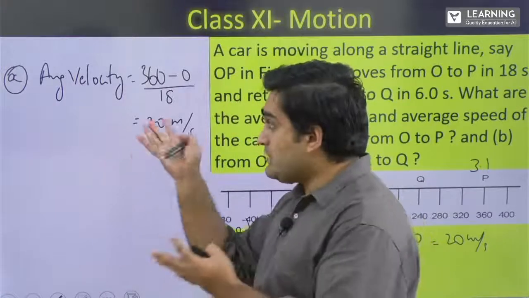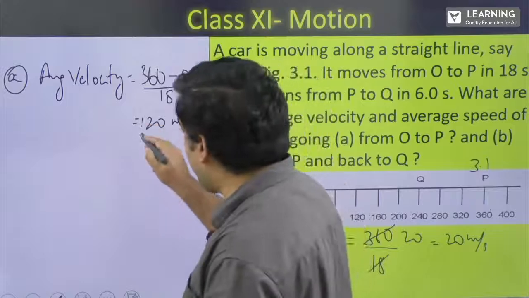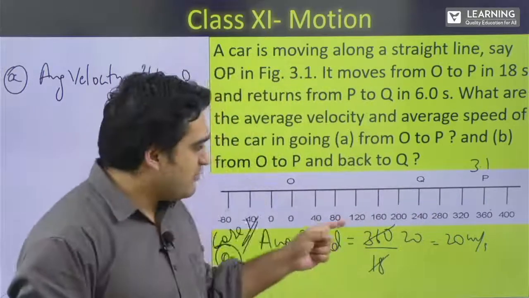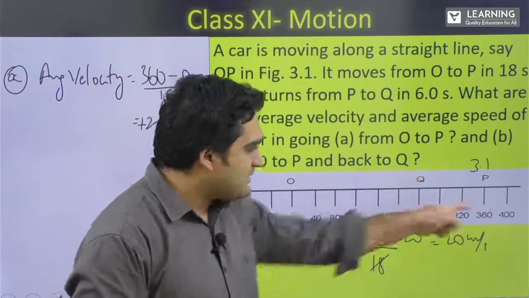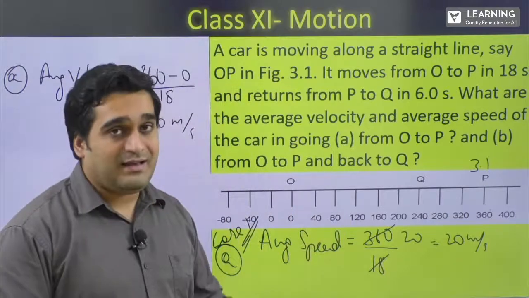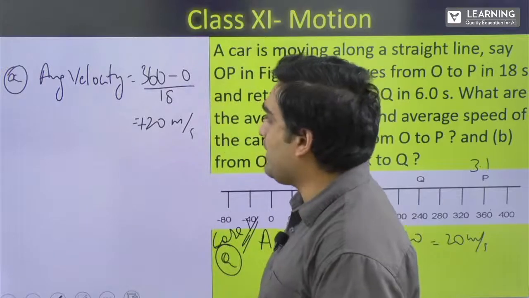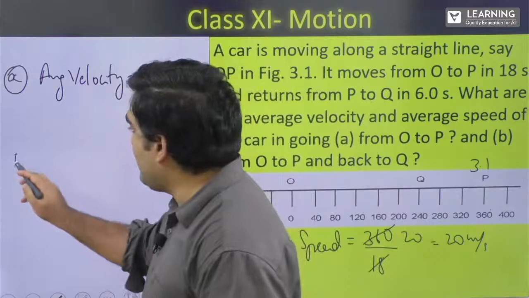Where is the direction? It is a vector quantity, so you have to assign a direction. Positive. Why? Because it is moving towards your right hand side. So right hand side are all positive, left hand side are all negative. So therefore positive 20 meter per second. Now try to find the answer for B.